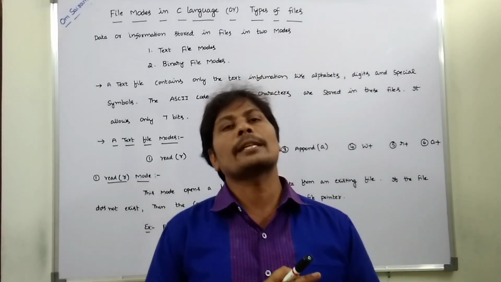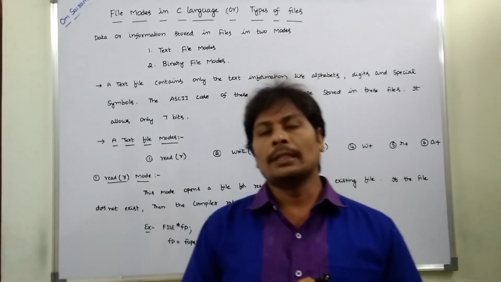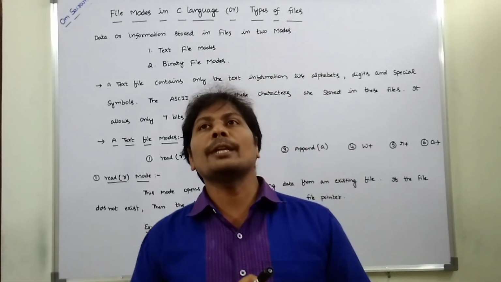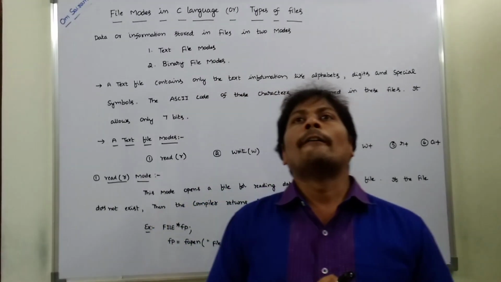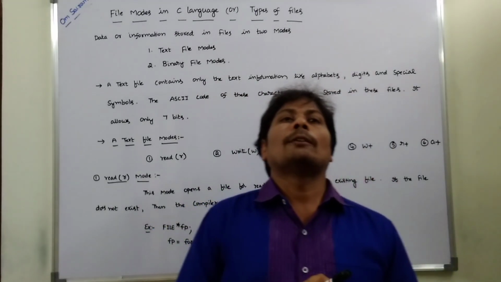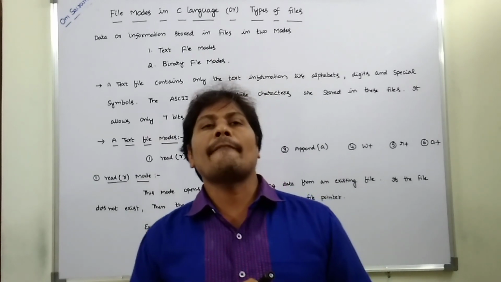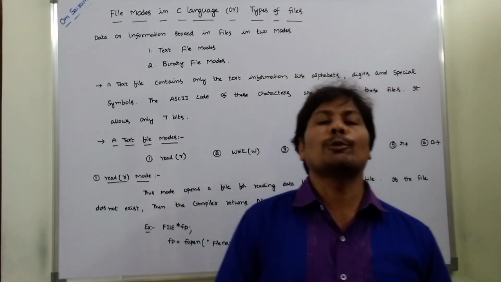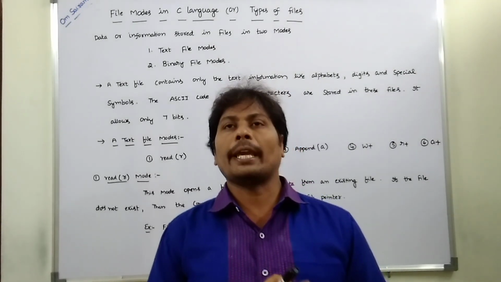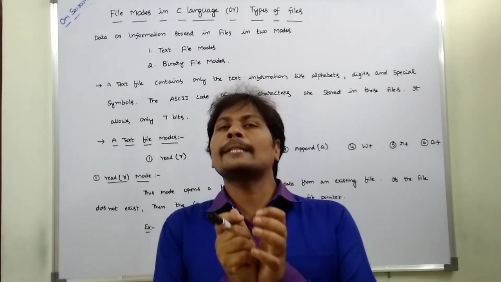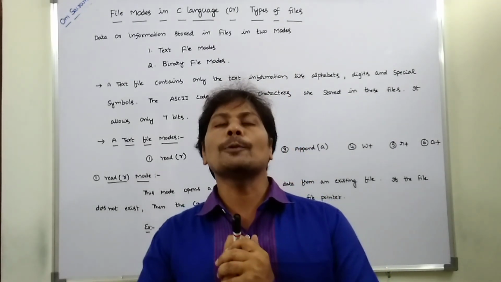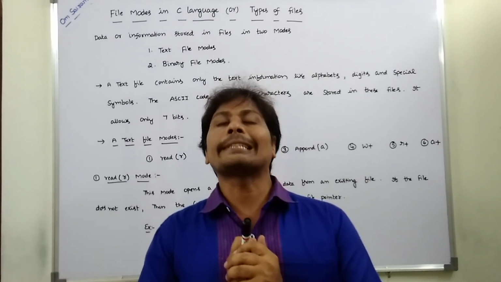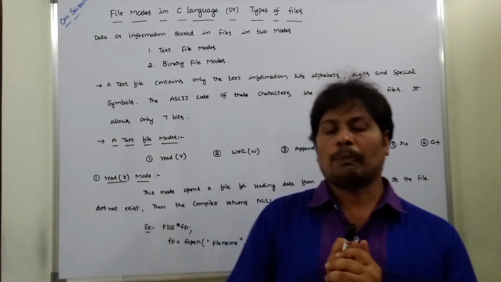Next, the digits 0 to 9: 0 starts with 48, 1 is 49, and 9 is 57. By using these ASCII values, the information is stored in text files.